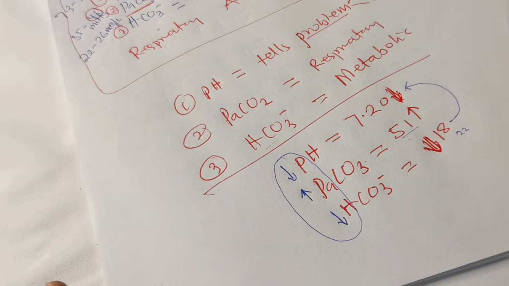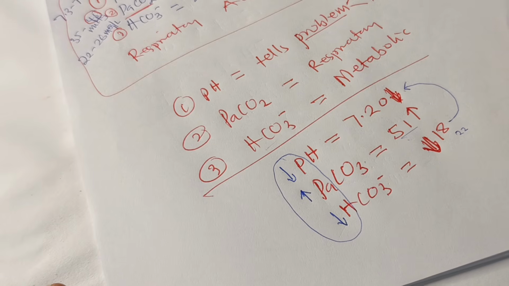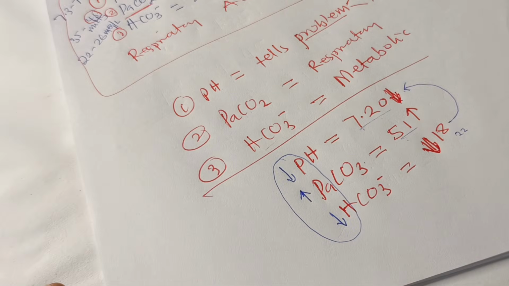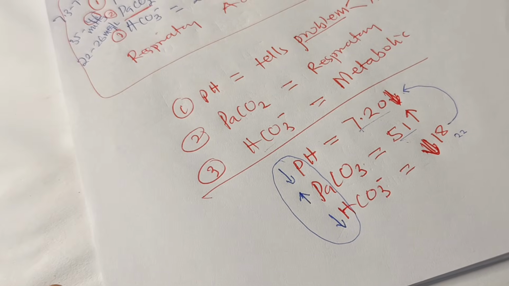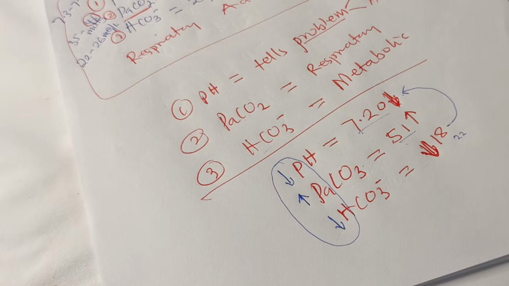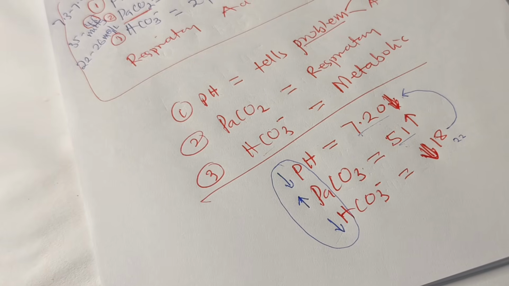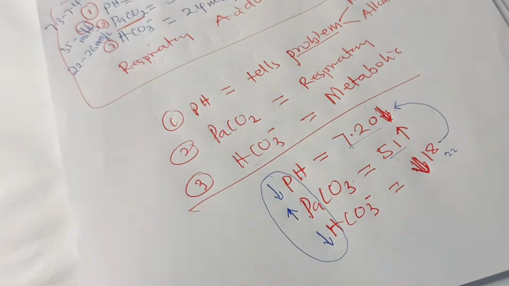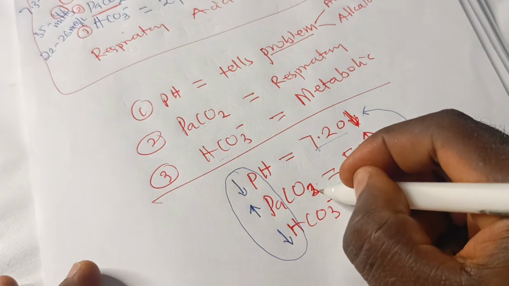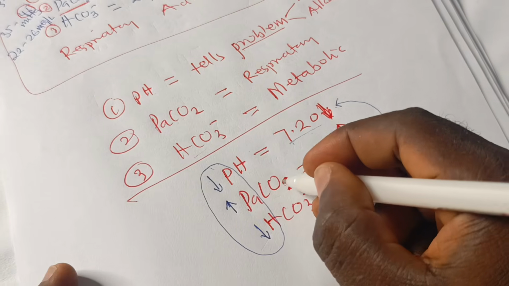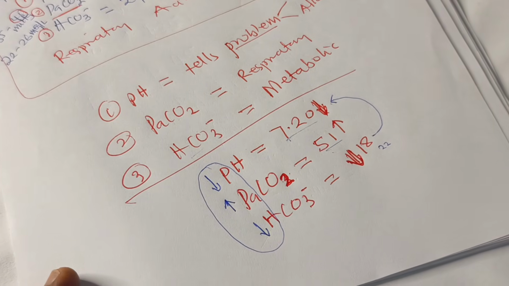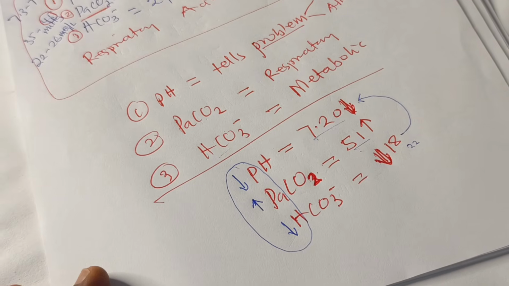A higher bicarbonate will not agree with a low pH. You understand? So basically, the pH and the bicarbonate move in the same direction to agree, but the pH and the carbon dioxide move in opposite directions to agree.